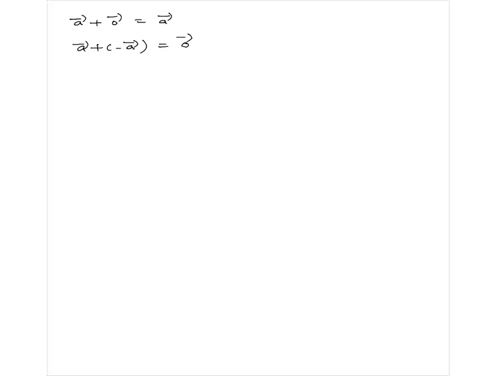Then this, if k1 and k2 are scalars, numbers that is, then this.